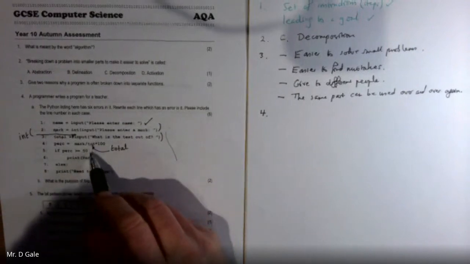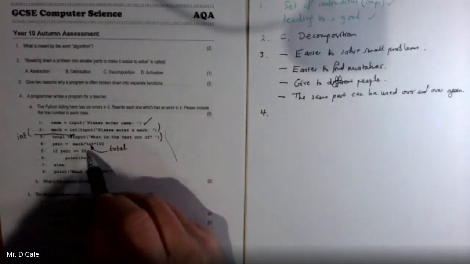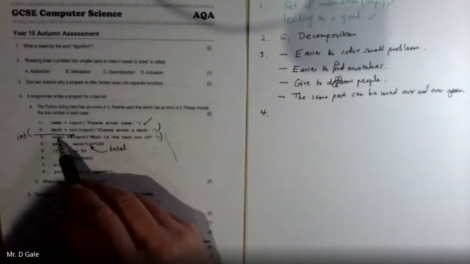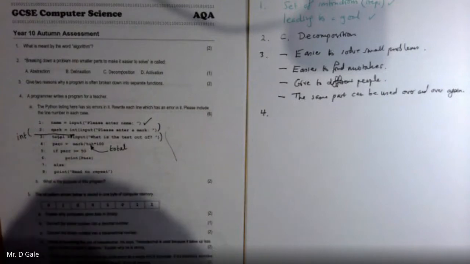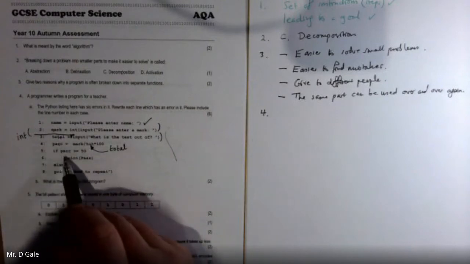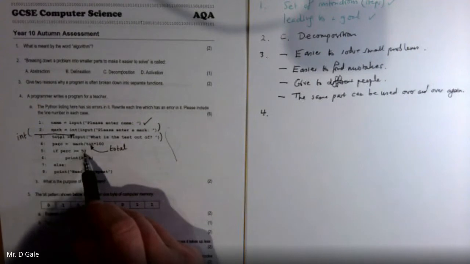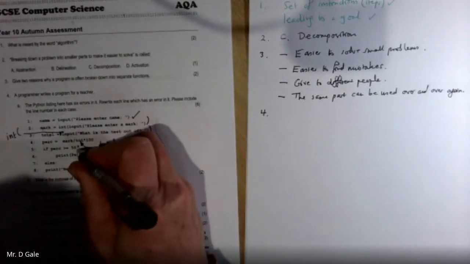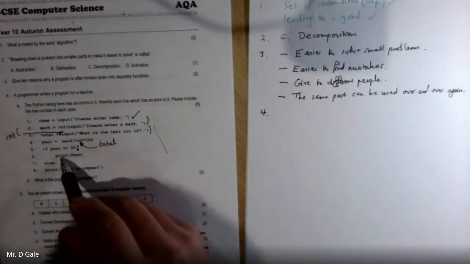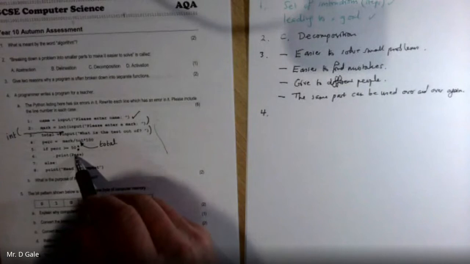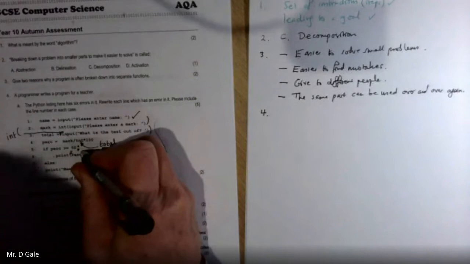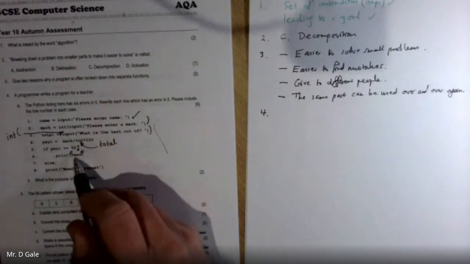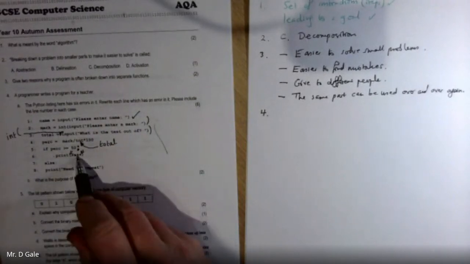It's a common error that people bring in variables with different names, assuming that they're the same thing. But if you call it total there, you must call it total there. If perc is greater than or equal to 50, fair enough, but you're missing a colon. Put the colon in. Print pass. We're missing speech marks, aren't we? Speech marks around pass. Otherwise, it thinks there's a variable called pass. There is no variable called pass.